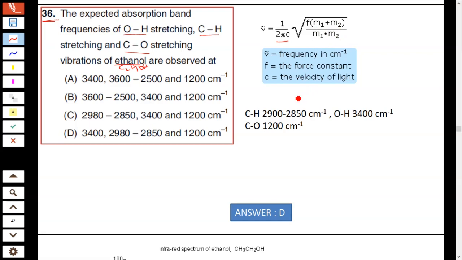If we calculate using this formula, you will get the frequency for CH bond at 2900 to 2850, OH at 3400 centimeter inverse, and CO stretching frequency at 1200 centimeter inverse.